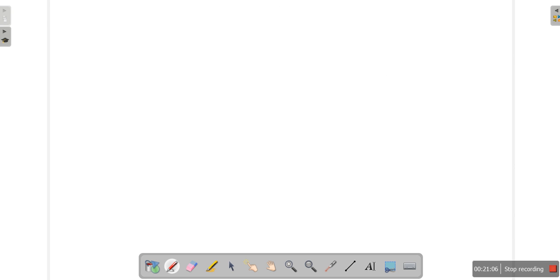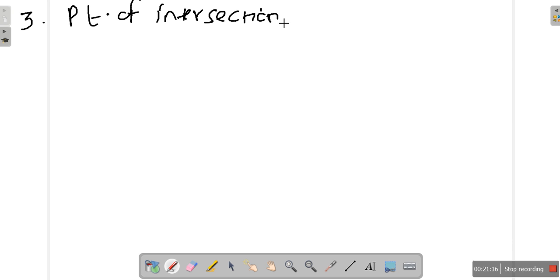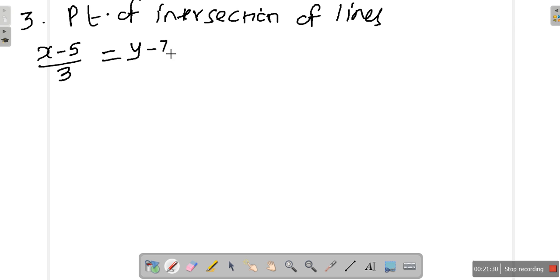Let's do the third example, that is the point of intersection of two lines. Okay, what are the lines given? The lines given are x minus 5 upon 3. This is one line.